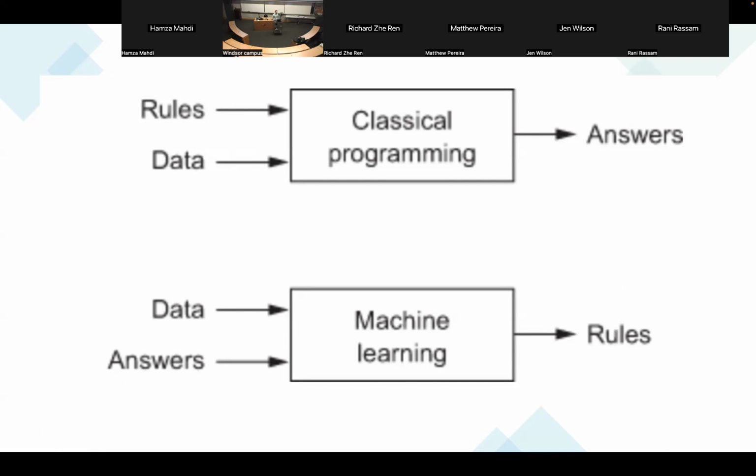Like, if someone's heart rate is over 100, their respiratory rate is whatever, and their temperature is that, then you have sepsis. This is a very classic example of how algorithms used to be used in computers, where you can input data and the rules that you yourself came up with, and you can have an automated system that tells you the person has sepsis, the person doesn't have sepsis.